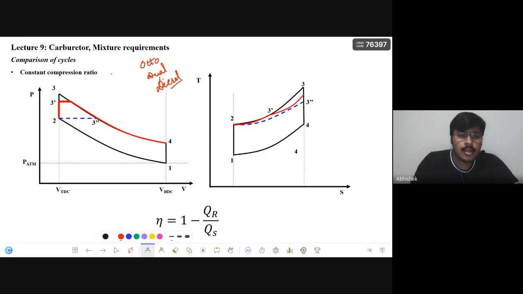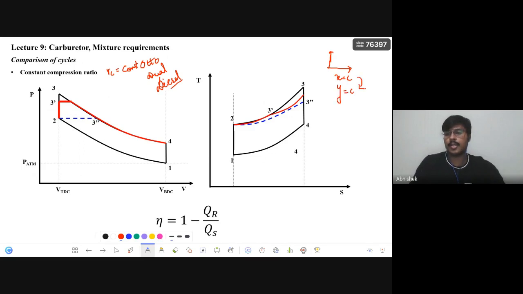One is when there is constant pressure ratio. So RC is constant. Truly speaking, when we are plotting any diagram on a PV plane, or let us say in XY plane, we always need two conditions. If you only say that X is equal to this much, I cannot plot that figure because you have to tell me what Y is, or give me the function of that.